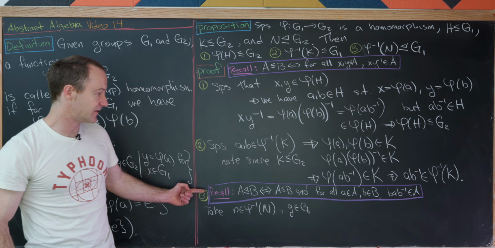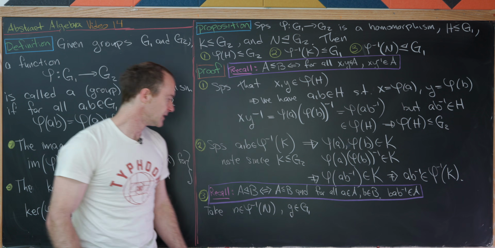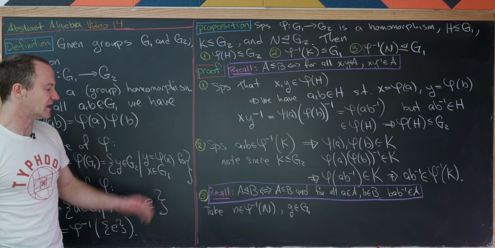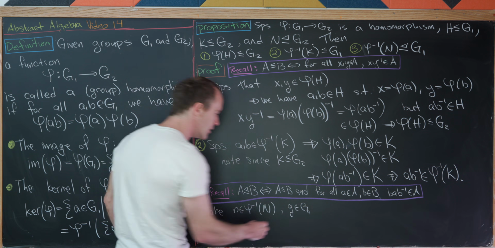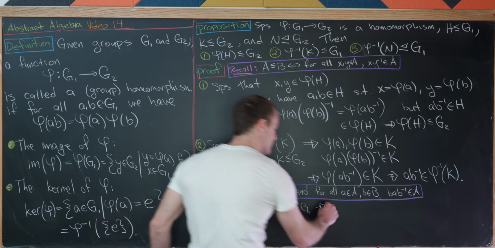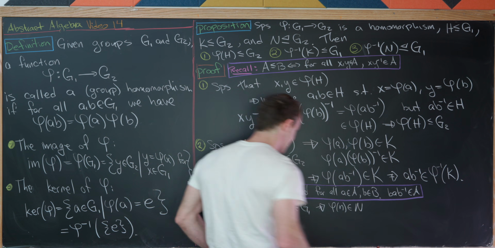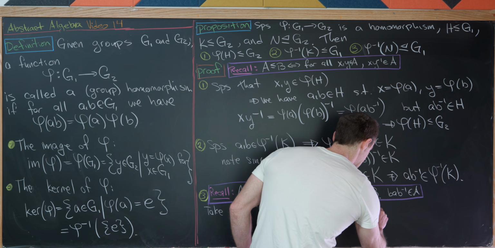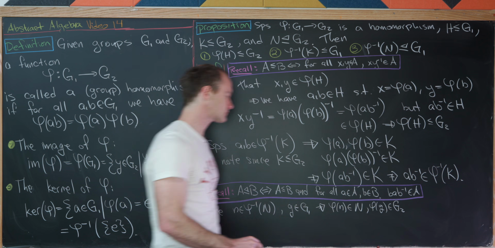And then by this definition right here, we need to be able to do this conjugation action and end up inside of, in this case, phi inverse N. So let's see how that might go. Okay, well, let's notice that by this setup, we know that phi of n is inside of N. That's the definition of the pre-image. And sort of in parallel, we know that phi of g is in G2.